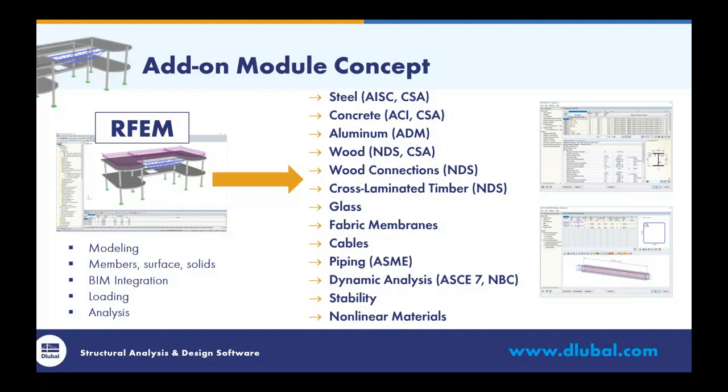Now, the nice thing about these add-on modules is you don't necessarily have to purchase all of them. You would purely purchase the modules that you use for your particular projects and your design, based on the materials or maybe the standards of the country you're located in. So that keeps the software affordable and really catered to your individual design needs.